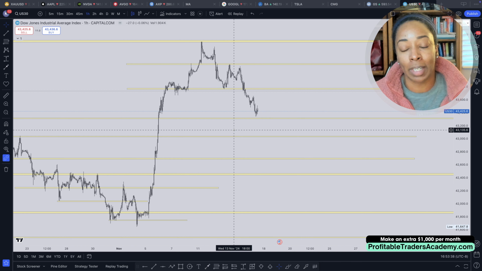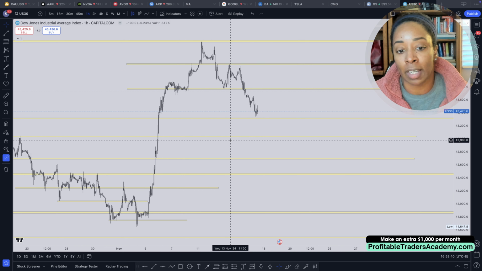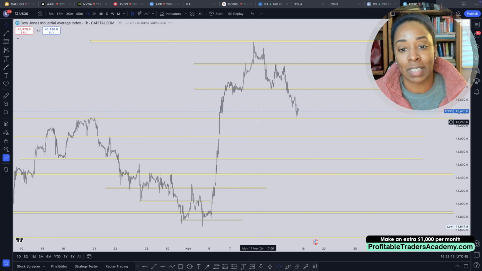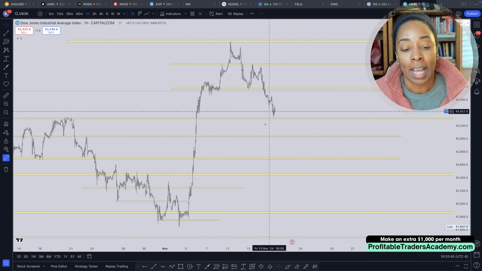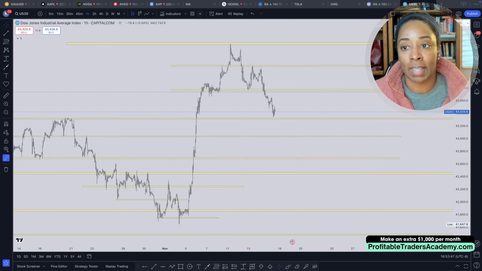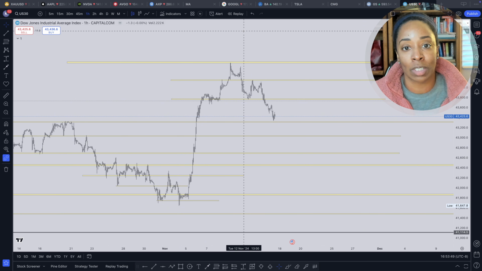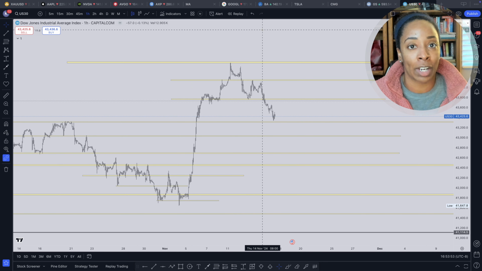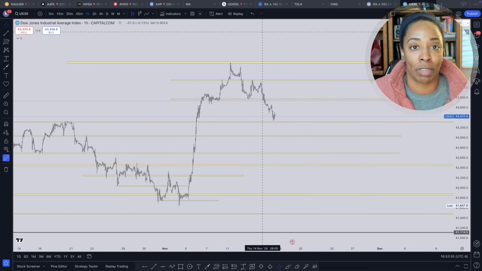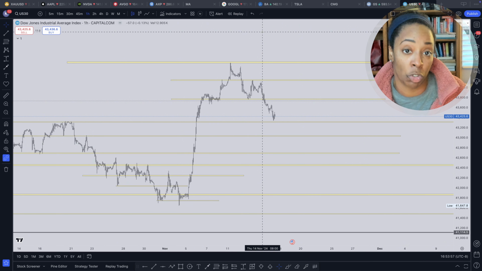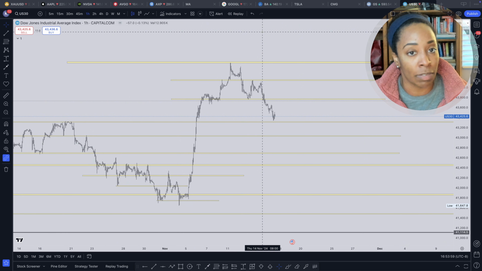So I don't fully believe that this whole retracement is done. I believe that we still have some more to go, and once we finish retracing, there is a possibility for price to continue to push up into higher levels, maybe getting into 45,000 flat or even going much further between now and the end of the year.